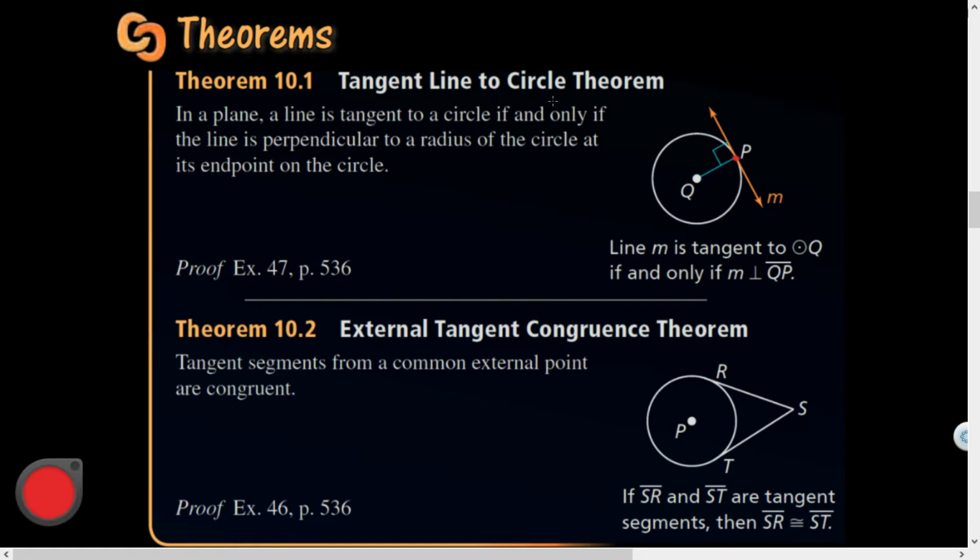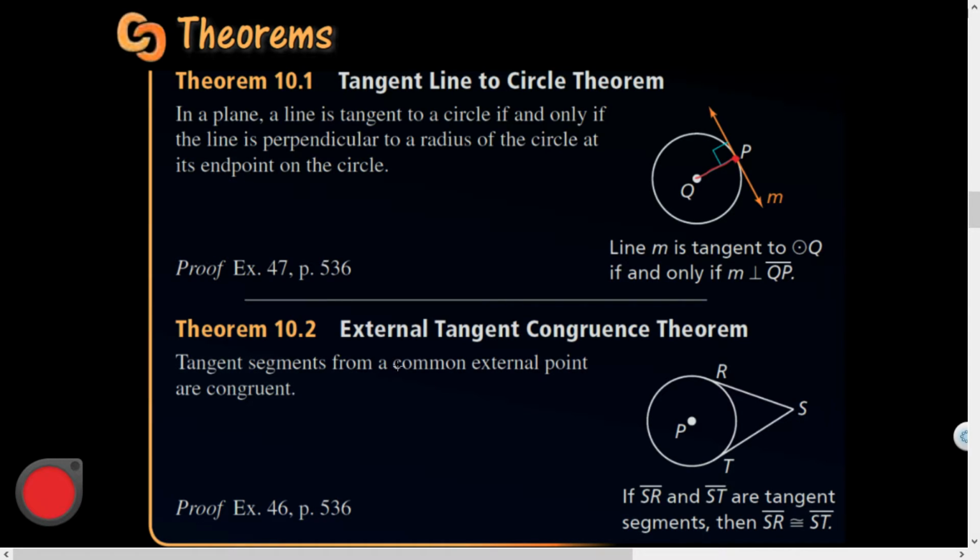Always. That's what this is saying. It's perpendicular to the radius. So it's not perpendicular to this radius or this radius. It's perpendicular to a radius that happens to have its endpoint at the point of tangency. So that's kind of a cool idea.